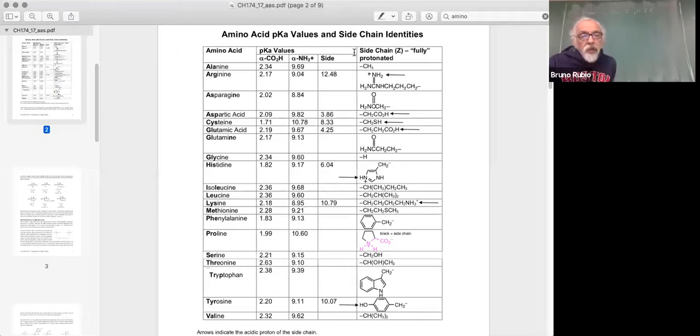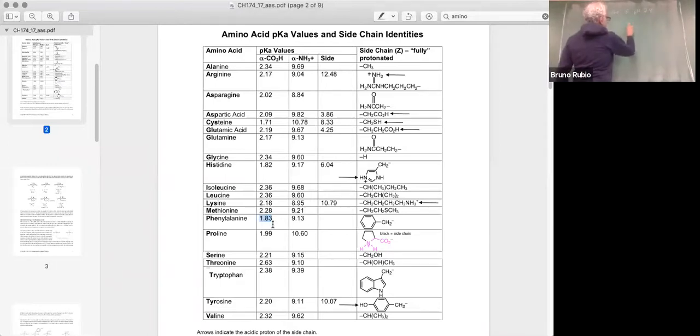Okay, so there's amino acid pKa values and side chain identities. All right, so I'm looking for PHE. There it is, phenylalanine. And this is telling me that the carboxylic acid functionality has a pKa of 1.83.